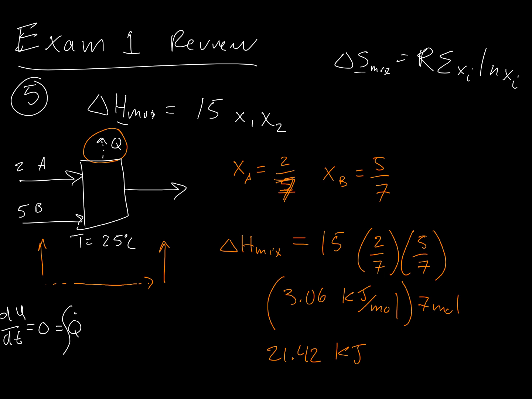My solutions are a little bit funky here, but Q dot, integrated, is like the total Q you're adding to the system, plus 2A times 0.